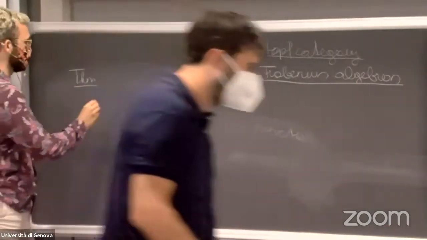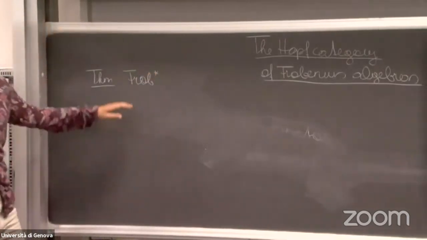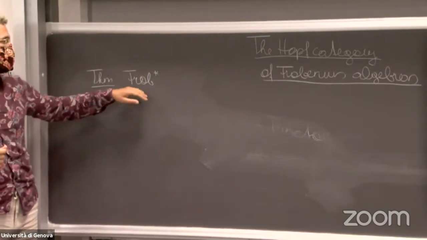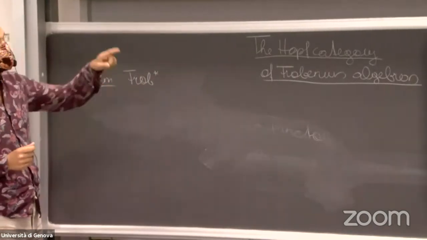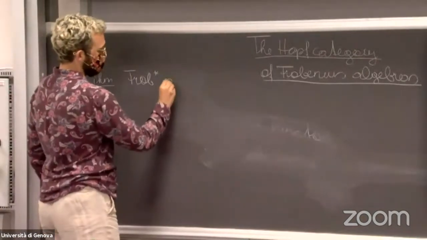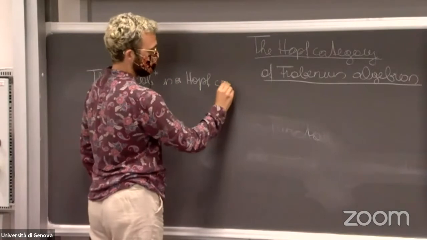So let me denote this by Frobenius star. This is the category of Frobenius algebras with the arrows just being the measurings. It is a Hopf category.